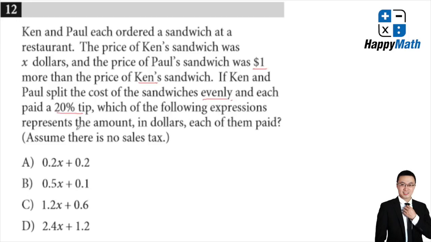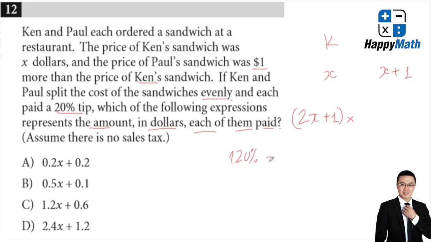Which of the following represents the amount in dollars each of them pays? Okay, because Ken pays $8, Paul pays 1 more, and the total of them is 2x plus 1, and they have to pay 20% more for the tip. So 20% means the original corresponds to 100%. So when you increase by 20%, it becomes 120%.